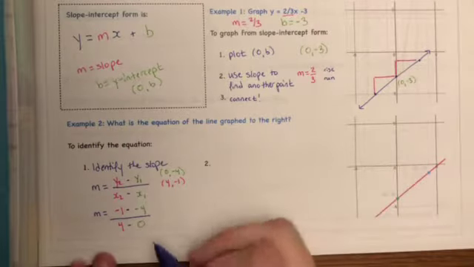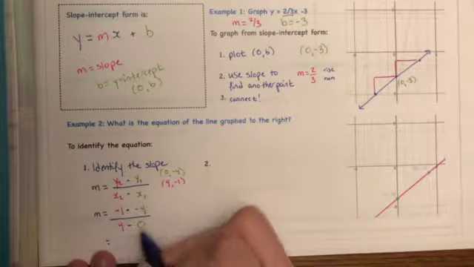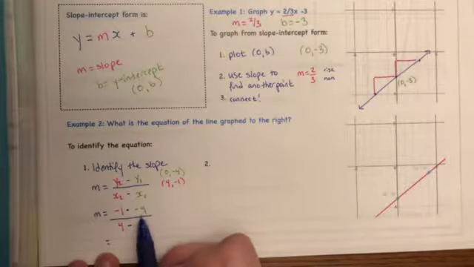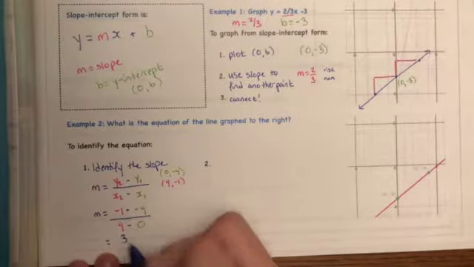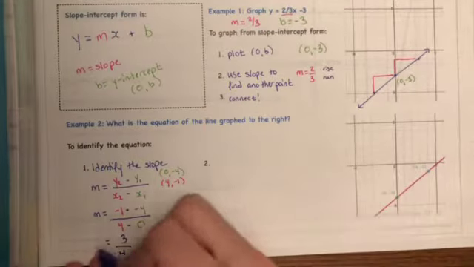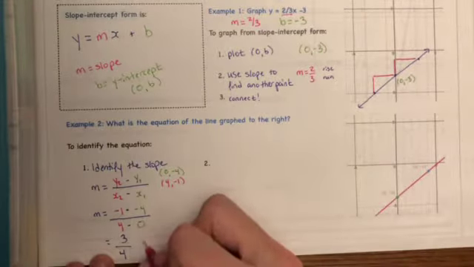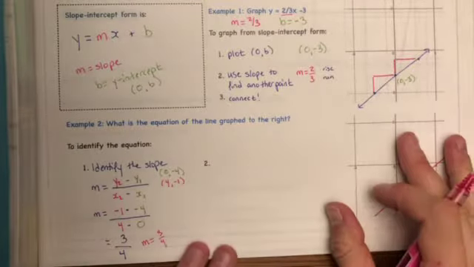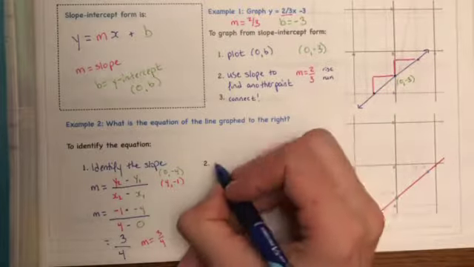To simplify this, I end up with m equals -1 minus -4, so plus 4, gets me +3, over 4 minus 0, which is 4. So this is now my slope: m equals +3/4.